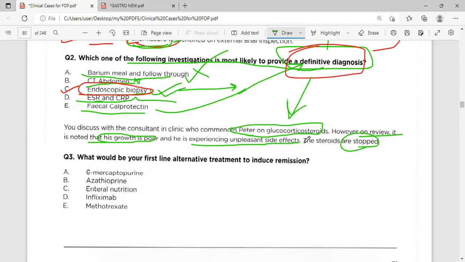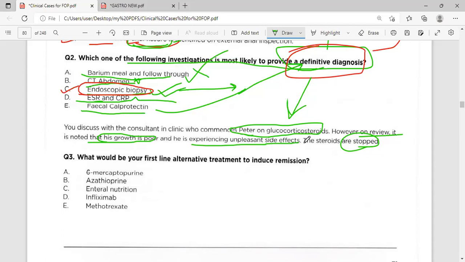In Crohn's disease, the first line treatment you give is prednisolone, or glucocorticoid. But if you are not able to obtain remission, the patient is having continuous relapse, or the patient is experiencing any kind of side effects, in that case you can go for enteral nutrition for 2 to 6 weeks. So first start with steroid.